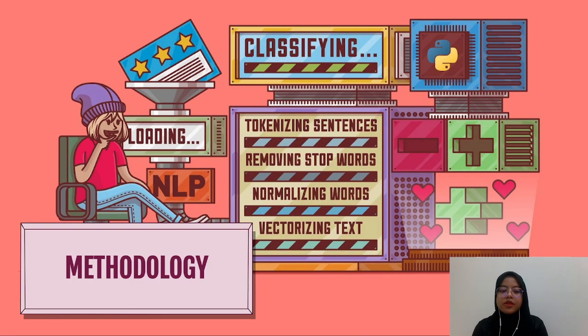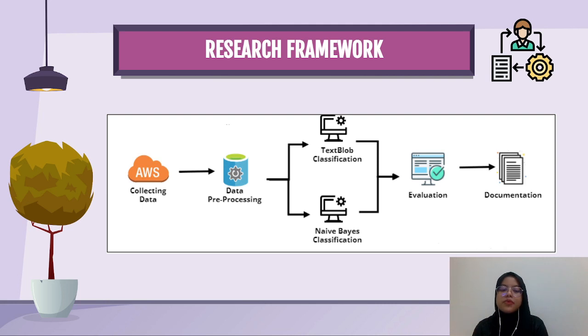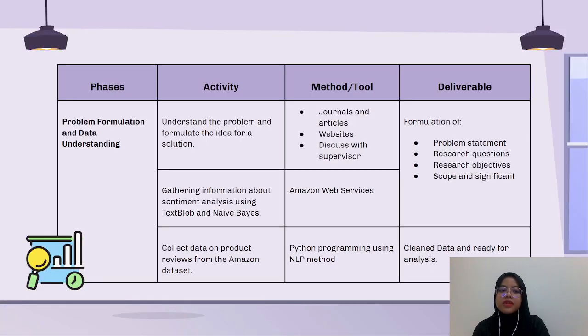So next is methodology. First, we collect the data, and then we do the data pre-processing, and then we use the TEXTBLOB approach and naive Bayes approach for classification, and then we evaluate the result from both approaches, and the last one is documentation. The first phase is problem formulation and data understanding.